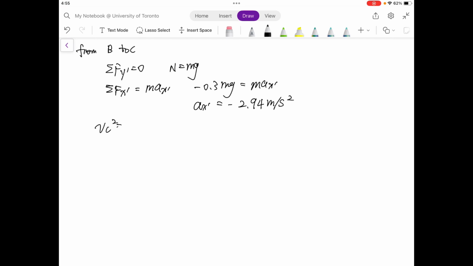Again, vC squared is equal to vB squared plus 2 a x times s. So 0 is equal to 3.17 squared minus 2 times 2.96 times the distance. So we have the distance equal to 1.71 meters.